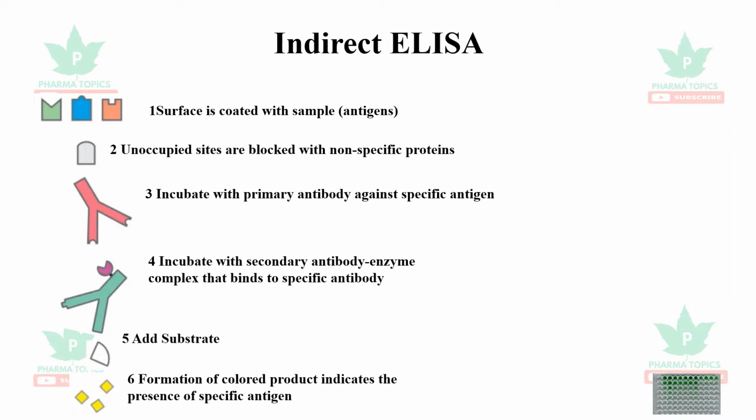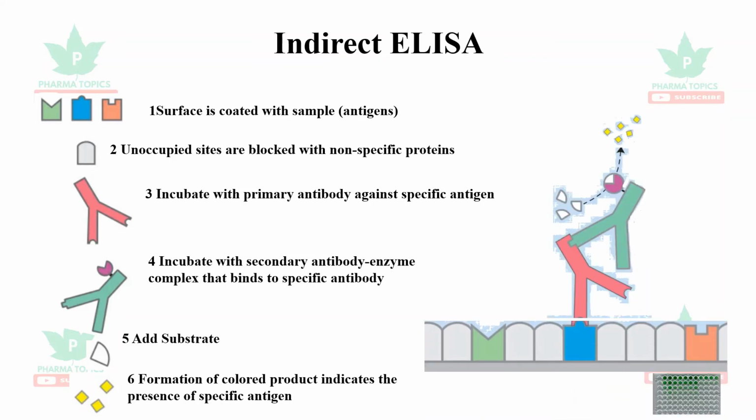Then substrate is added. Formation of a colored product indicates the presence of the specific antigen. So these are the steps in indirect ELISA. This is the scheme. When the substrate is hydrolyzed, it is chromogenic in nature and gives the color.